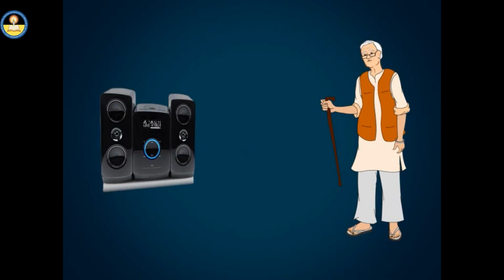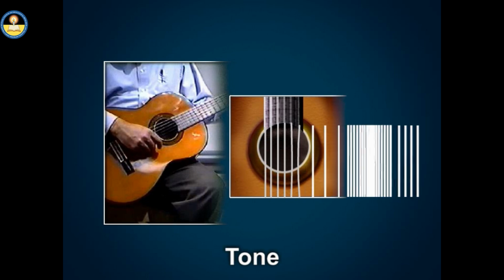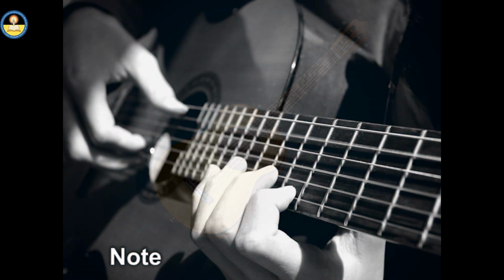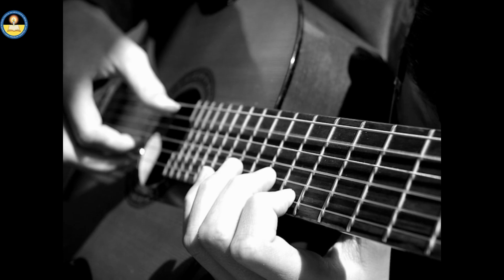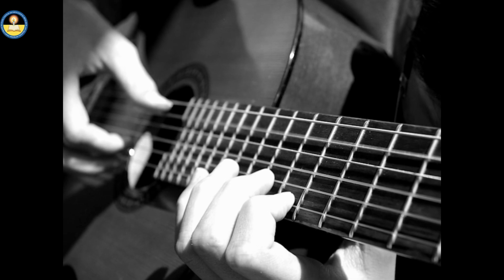Age is one factor that affects the human ear's response to sound. A sound of single frequency is called a tone. The sound which is produced due to a mixture of several frequencies is called a note, and it is pleasant to listen to, such as the sound produced by musical instruments.